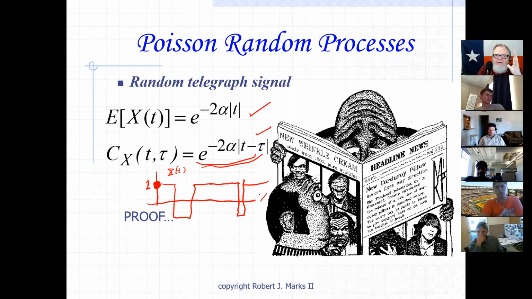As you get out here, larger and larger, the number of times it's gone up and down is so large that you really can't keep track of it. And you get a mean of 0. Since way out here, it changed so much, it could either be a +1 or a -1. We're not sure. So the average of 1 and -1 is 0. So we would expect this to go to 0 somehow.